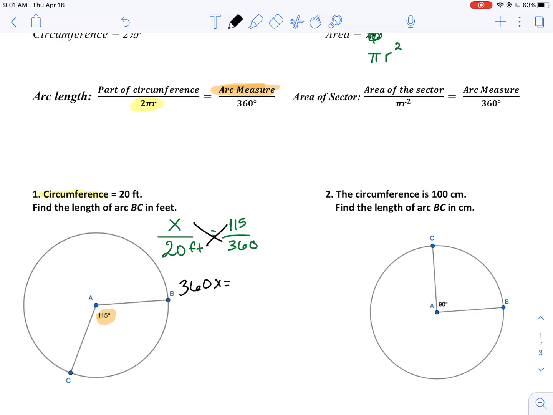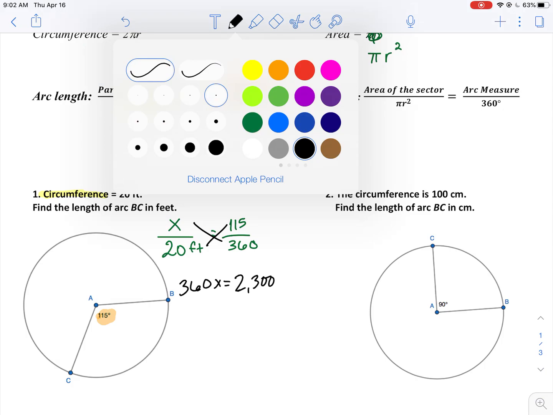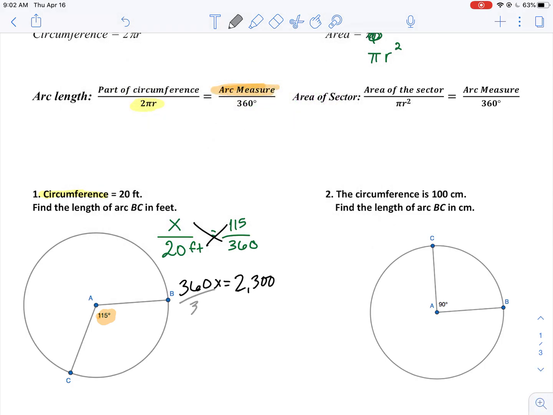So now that I've got these two fractions, all I need to do is cross multiply, and I'll get 360x equals, and 20 times 115 would be 2,300.